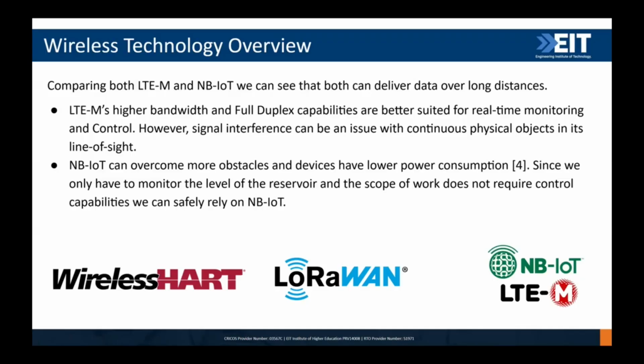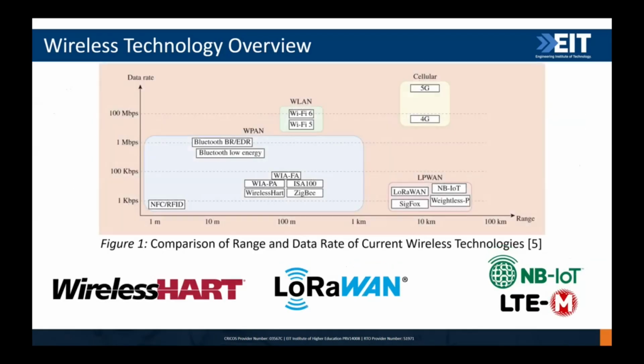Now, NB-IoT can overcome more obstacles and has a lower power consumption. And since we only plan to monitor the level of the reservoir, it doesn't require any form of control. We can rely on NB-IoT. This is a graph showing the range to data rates of these different technologies.